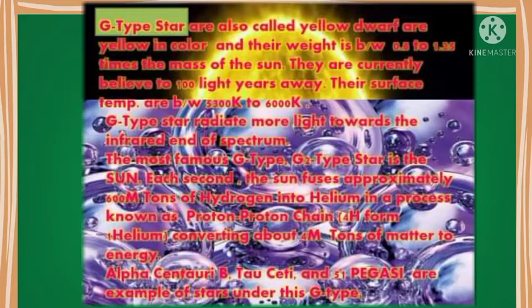G-type stars radiate more light towards the infrared end of the spectrum. The most famous G-type star, a G2 type, is the Sun.